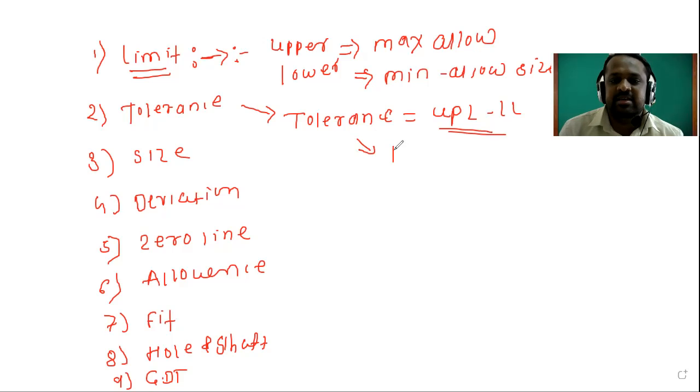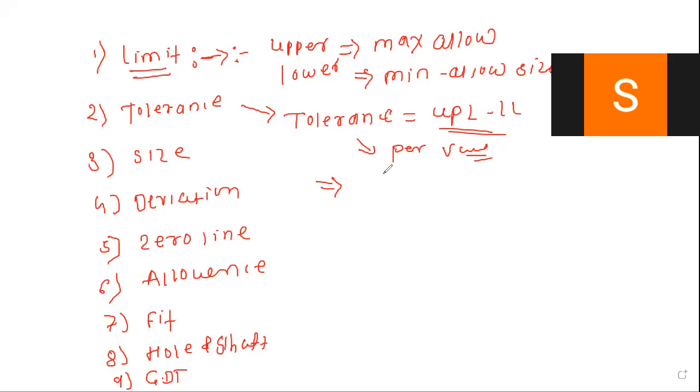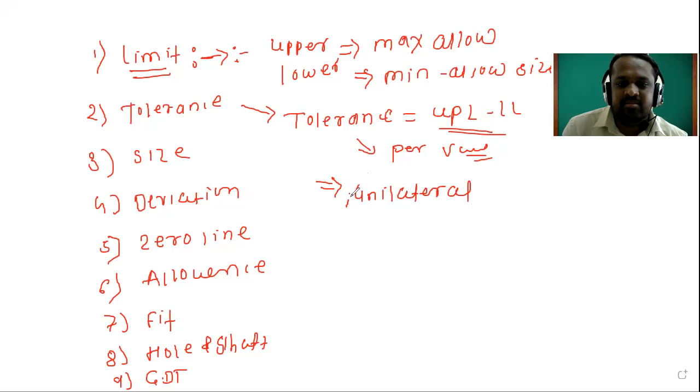That much variation we can allow. Then what are the types of tolerances? Unilateral and bilateral tolerances. Then tell me what is meant by unilateral and bilateral?